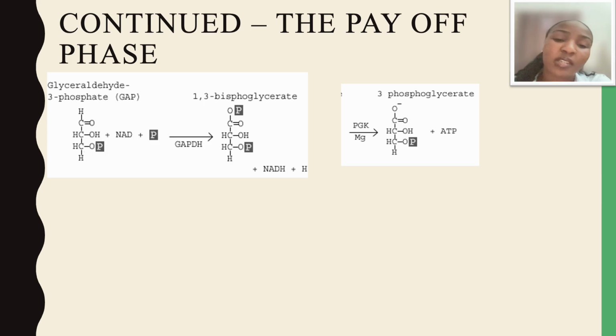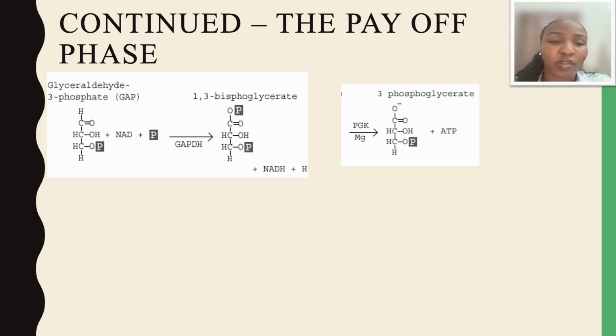Then we have the enzyme PGK that goes ahead and dephosphorylates the 1,3-bisphosphoglycerate, and now we have 3-phosphoglycerate and also 2 ATP produced with this reaction.